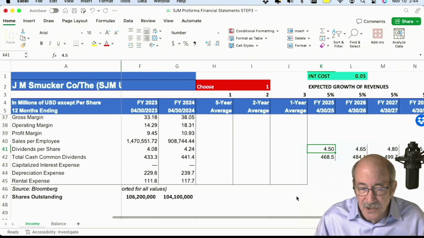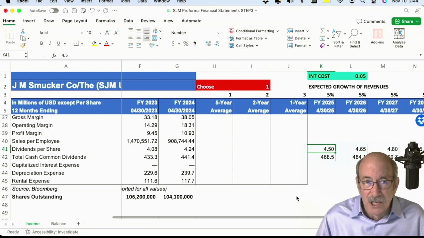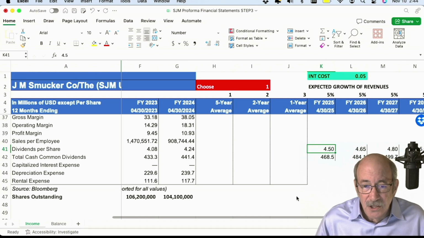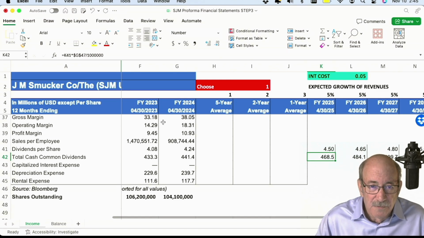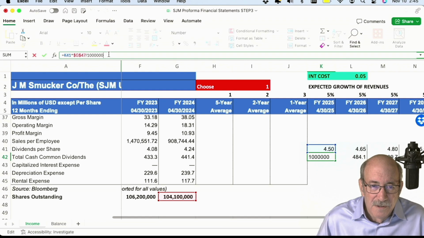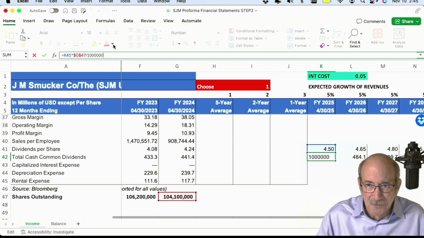And in this case, let's assume that the dividend that gets paid in 2025 is $4.50. So that's a 26-cent increase over the prior dividend from year 2024. And so if I take that times the number of shares outstanding, right here, I've got a mouse on my desktop screen, and I'm trying to use it, but I'm actually working on my laptop.